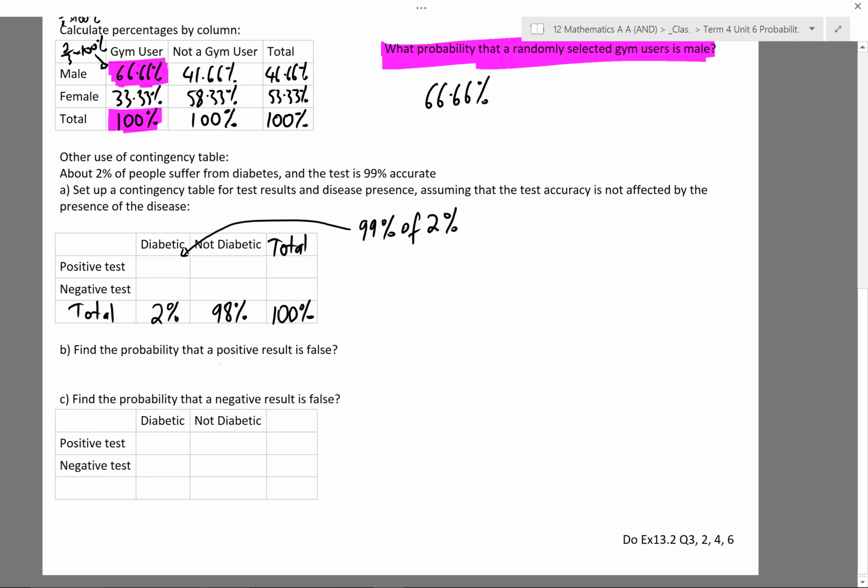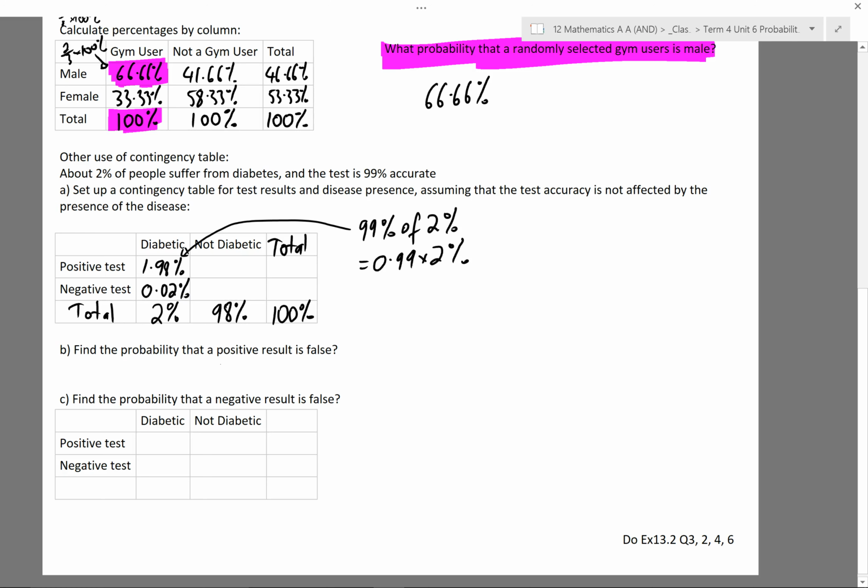So the percentage of the people with diabetes that correctly get told they have diabetes. So it'd be 0.99 times 2%, which would be 1.98% of the population that gets tested. I can then subtract that from my total and find that in here is 0.02%.